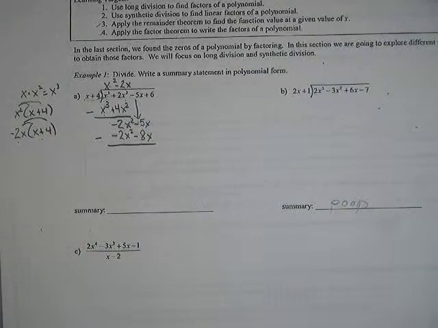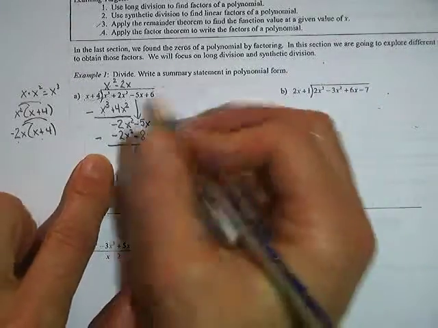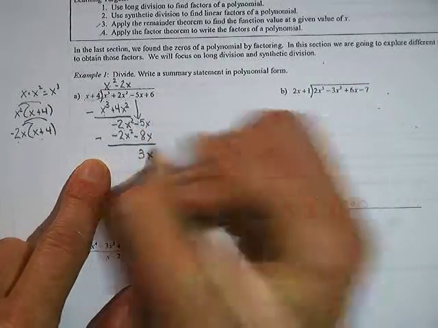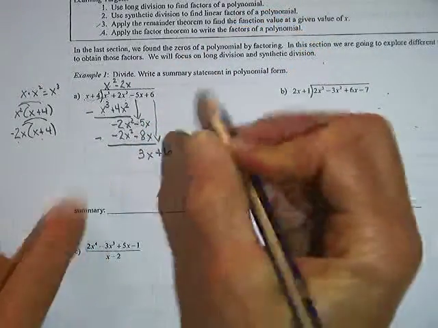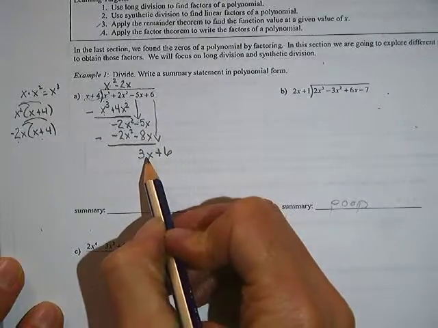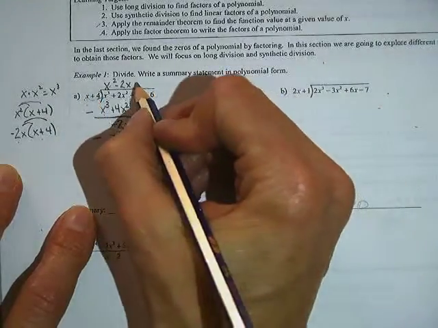Subtract. It's going to be a positive 3x, because these two cancel, this becomes a positive, so I end up with 3x. Bring the 6 down. How many times does x go into 3x?